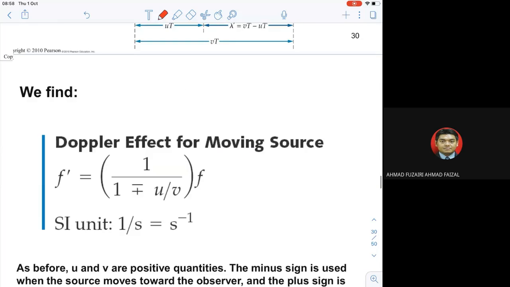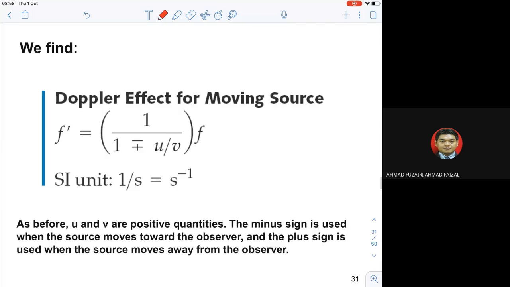So we can define the Doppler effect for a moving source as f prime equals f times 1 over 1 minus or plus U over V. So f O equals f times V over V minus or plus V source.